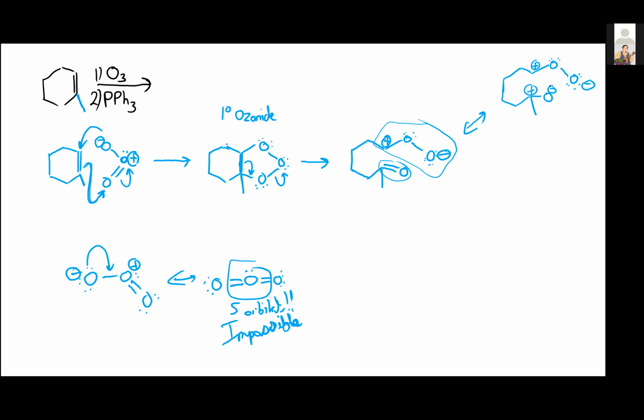And you'd be a moron if you didn't try and draw this way. Positive charge on the carbon, negative on the oxygen. Now these arrows are hard to follow.